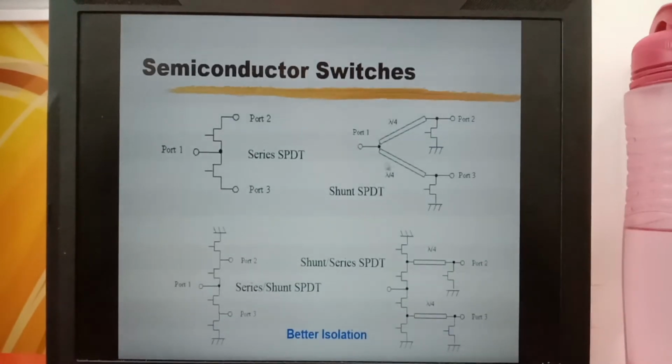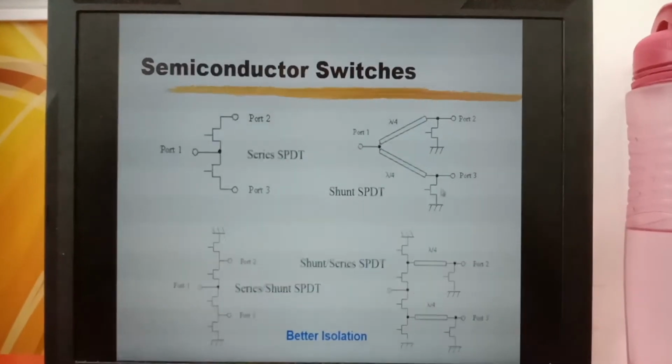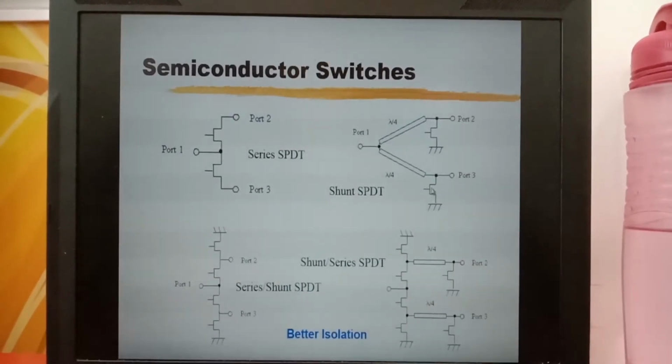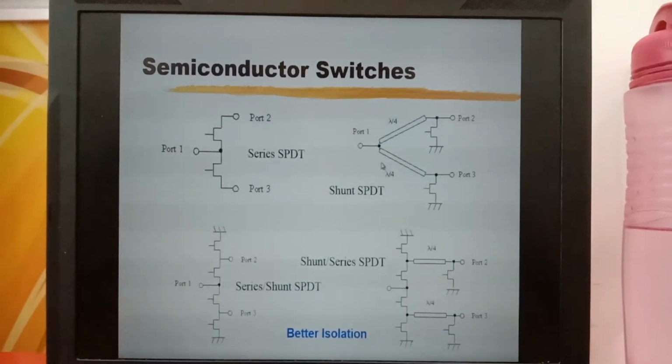With the quarter wave transformer, which acts as an impedance inverter, a 0 ohm or very small resistance is transformed to a very high impedance, close to infinity.